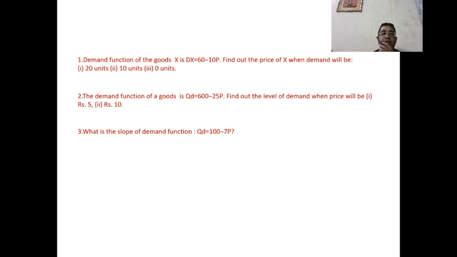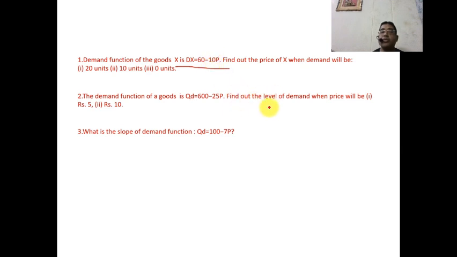So we have to find the price for the given demand. First of all you have to see the demand function. Dx equals 60 minus 10p means this is the demand of good X when the price P goes up by 10 units.